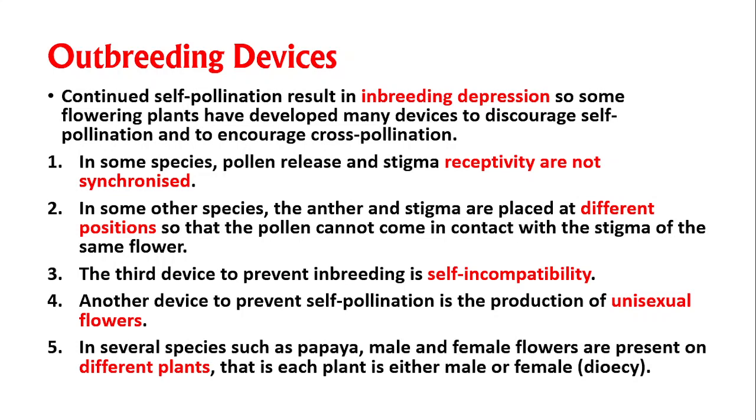In the second one, in some other species, the anther and stigma are placed at different positions so that the pollen cannot come in contact with the stigma of the same flower.